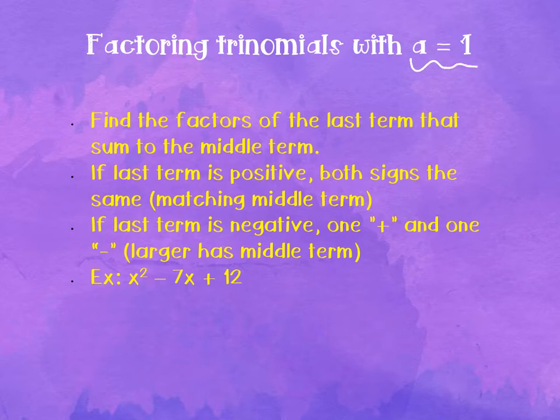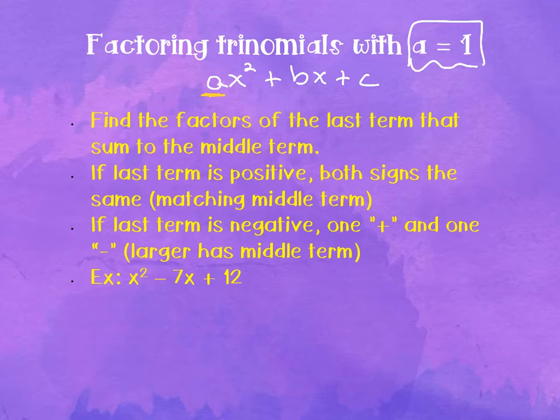Remember, when you have a trinomial, it needs to be written in standard form. So we need to write the largest exponent all the way down to the constant. The a that I'm referring to is the number that's in front of x squared.